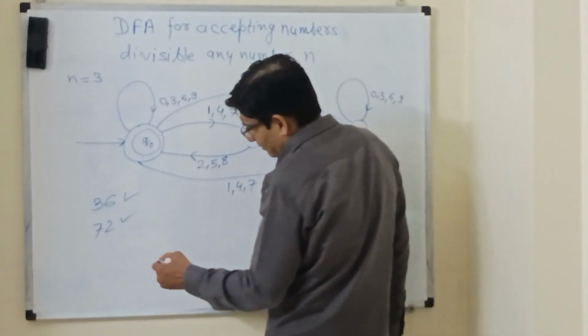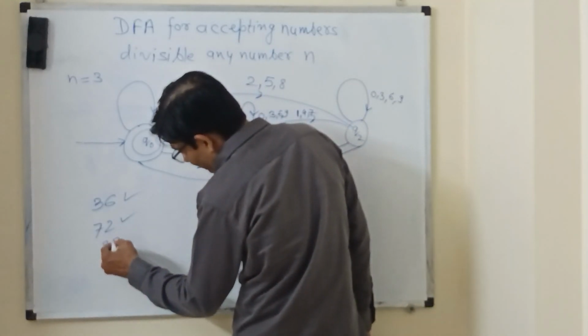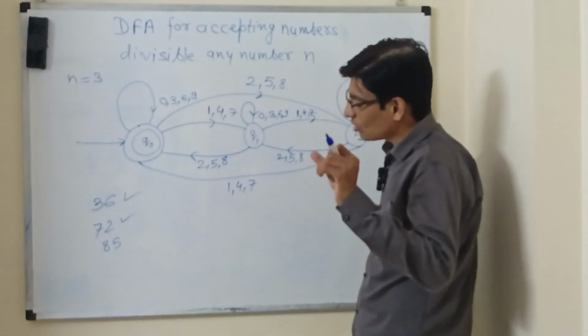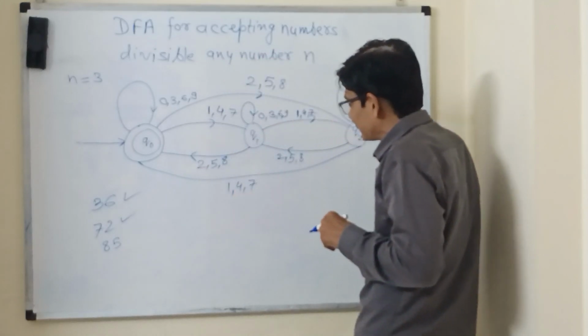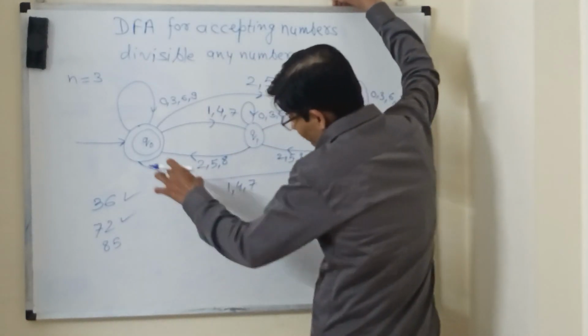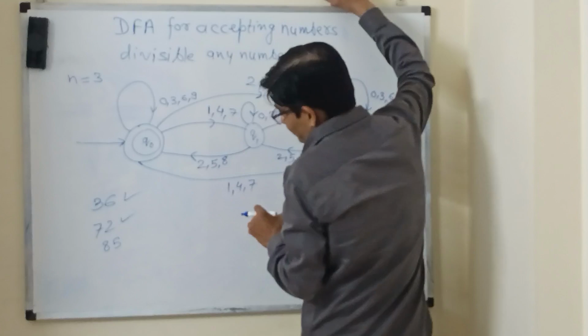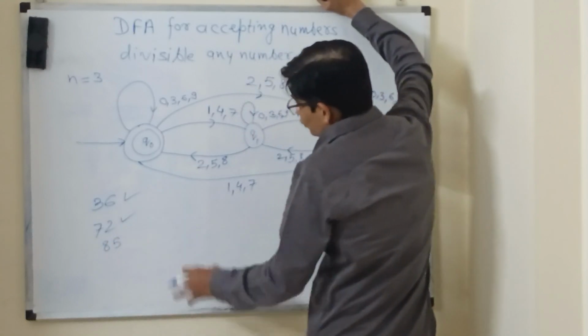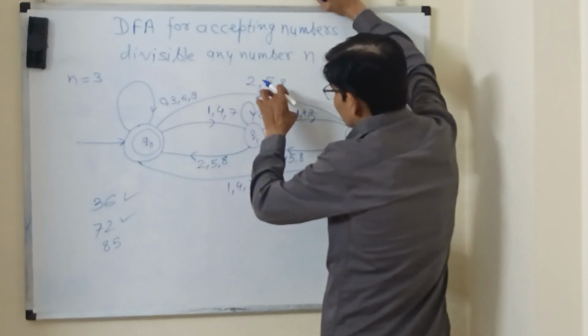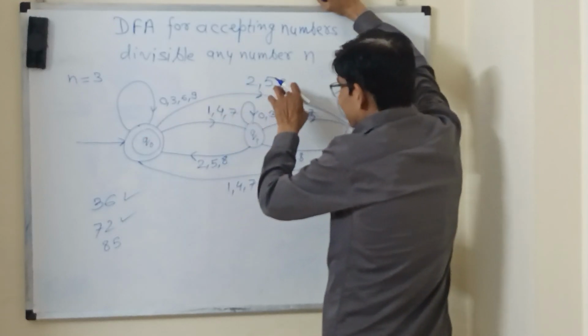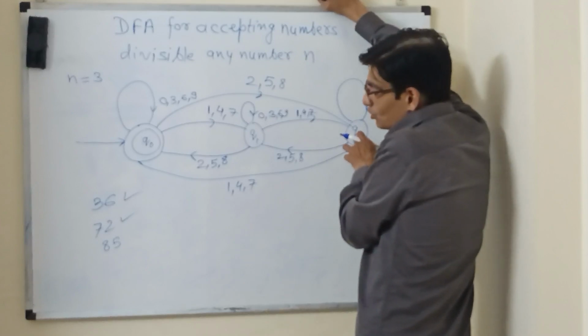Now we will take one example, 85. 85 is not divisible by 3. So how will we confirm this? You can see we are initially on Q0 and we are reading 8. This is the transition of 8. So on Q0 reading 8, we reach Q2.